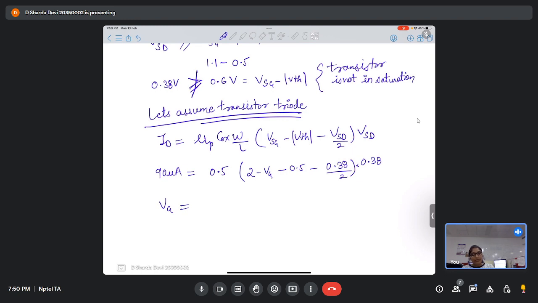There is only a single variable, no quadratic. So you have to simply find this value. What is the value of Vg that you are getting?